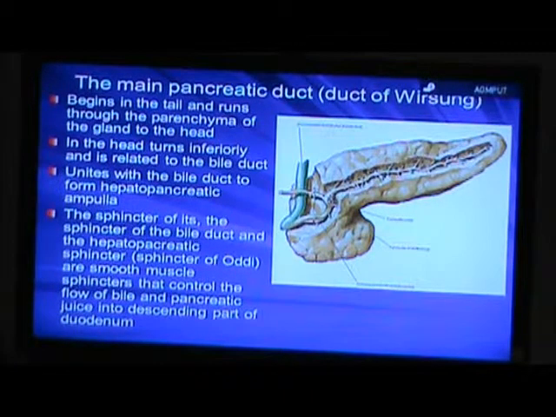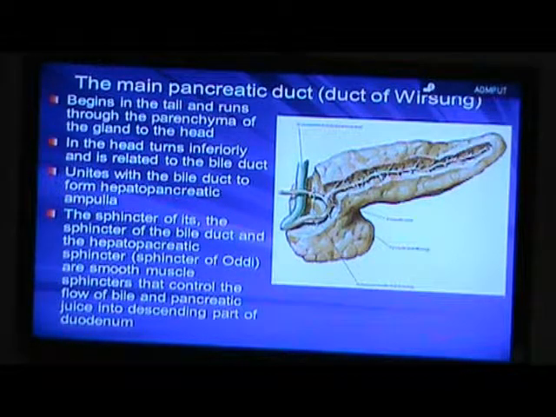The sphincter of the main pancreatic duct, the sphincter of the bile duct, and the sphincter of the hepatopancreatic ampulla, which is called the sphincter of Oddi, are smooth muscle sphincters that control the flow of bile and pancreatic juice into the descending part of the duodenum.